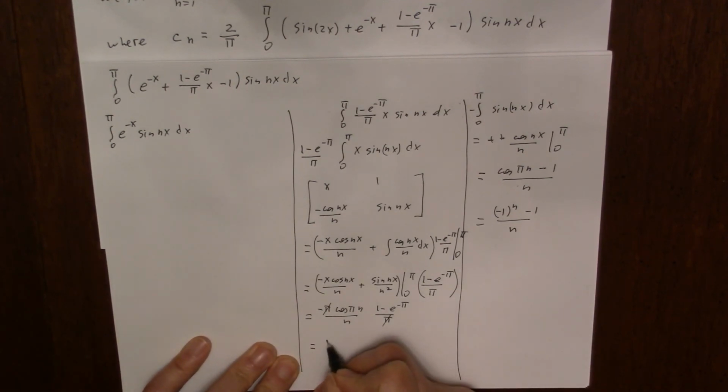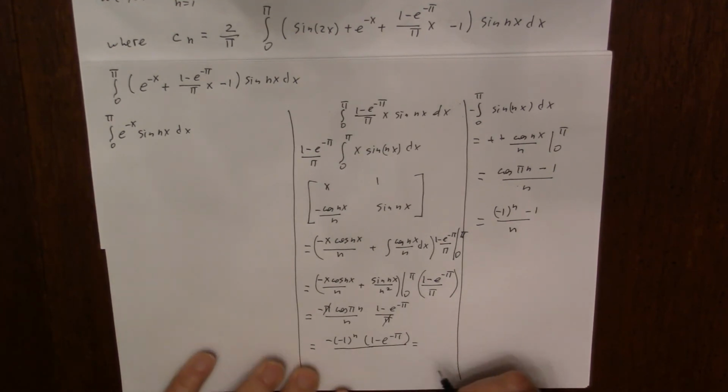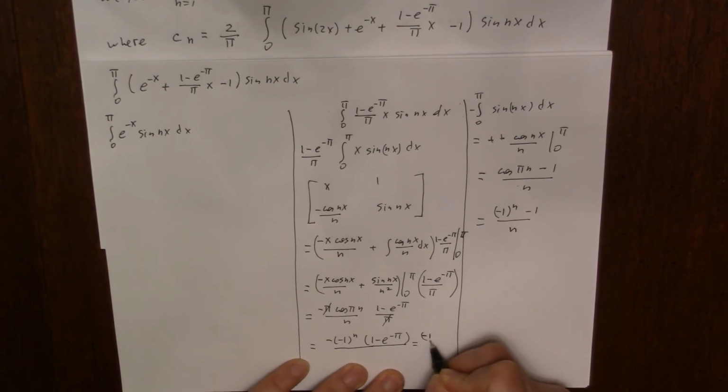So we're going to get negative 1 to the n, 1 minus e to the negative pi. And we're going to rewrite it as negative 1 to the n plus 1 times 1 minus e to the negative pi over n.